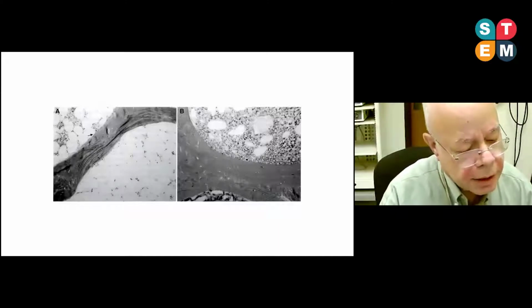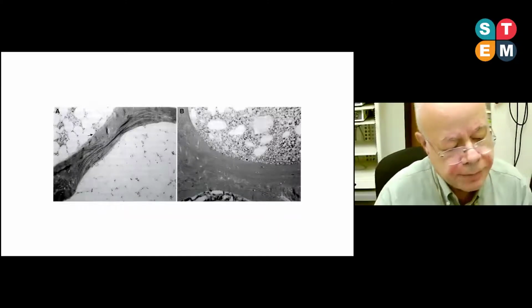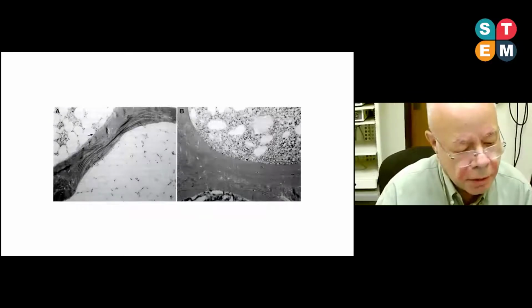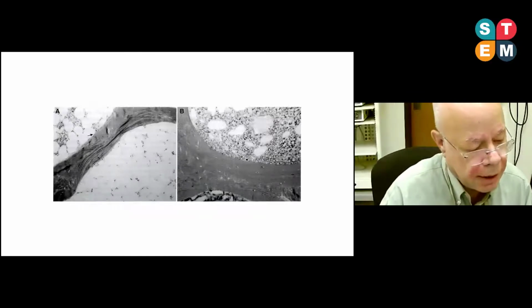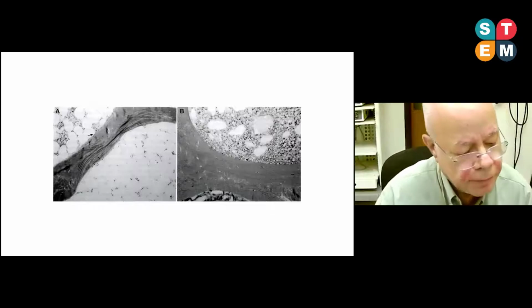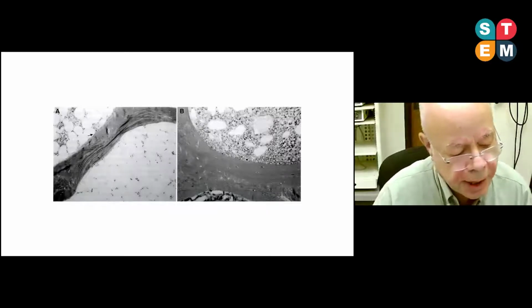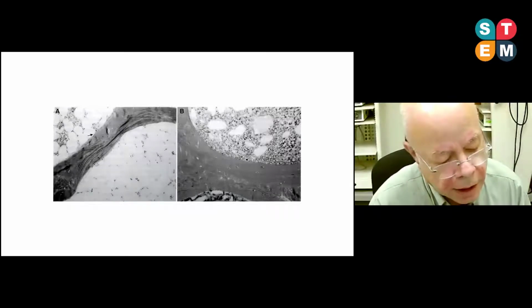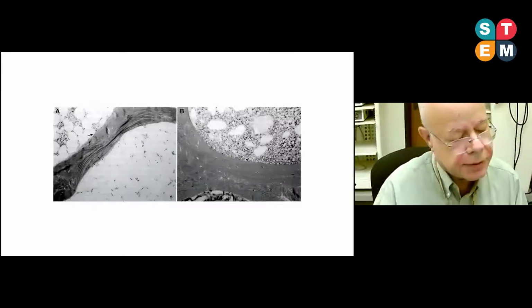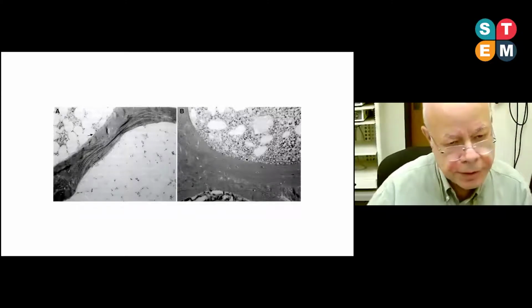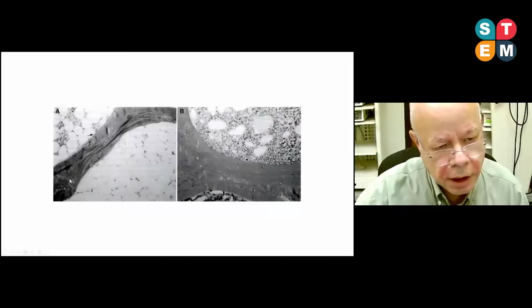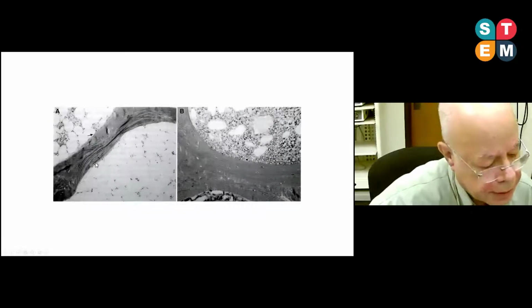This slide shows the photomicrographs of 2 iliac crests, a normal one in panel A on the left and one from a burn-injured person in panel B on the right. Note in panel A, the cells lining the bone surface, which you can see over here following the arrow, they're osteoblasts.